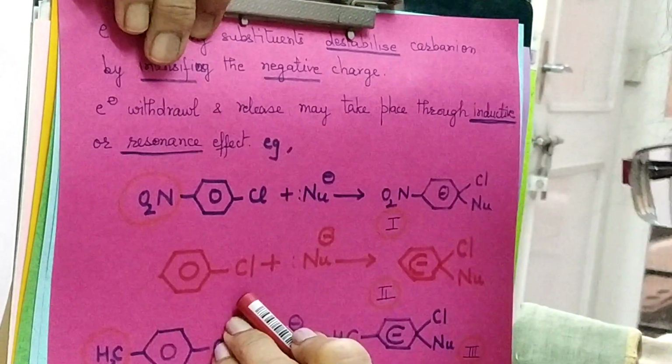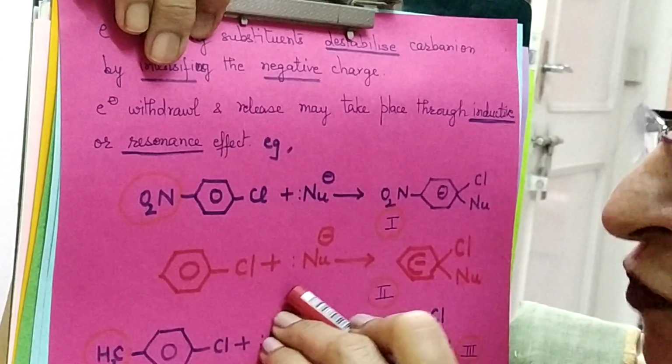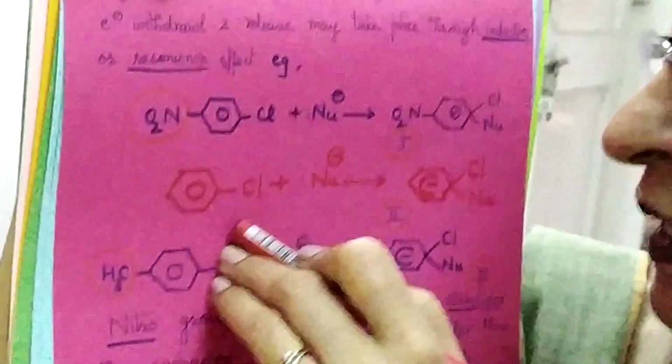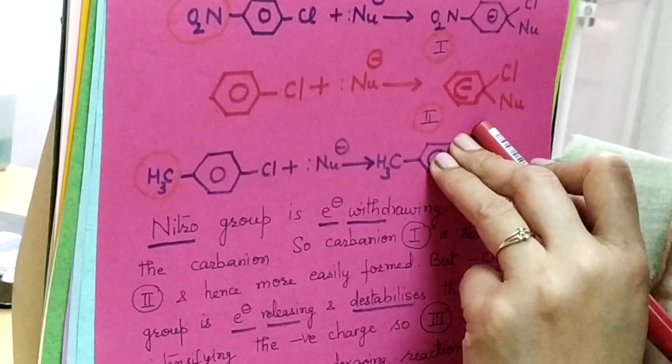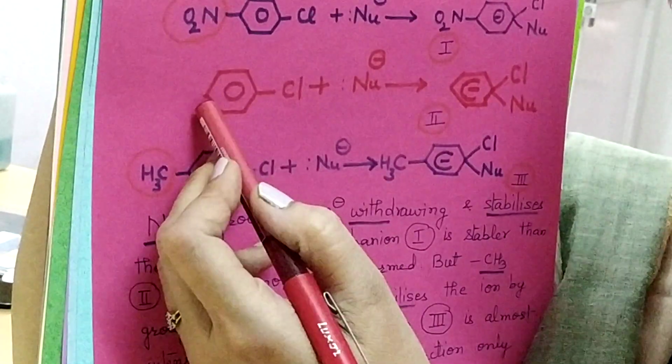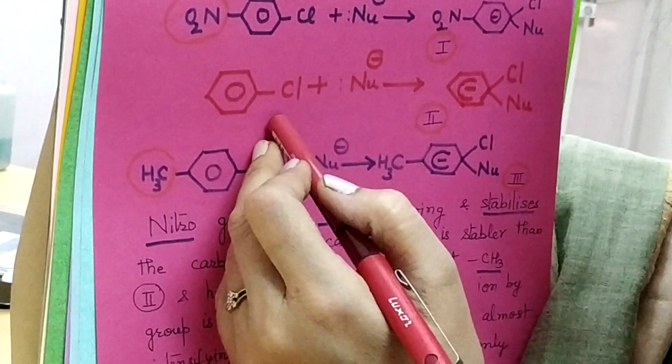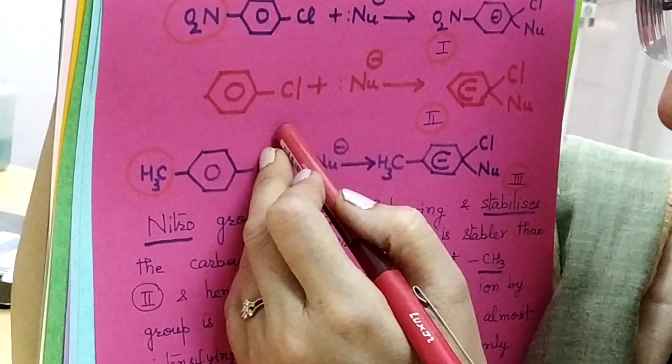Second case, for reference, for comparison, is a simple aryl halide, in which nucleophilic attack results in the formation of a normal carbanion in which there is neither an electron releasing group nor an electron withdrawing group.